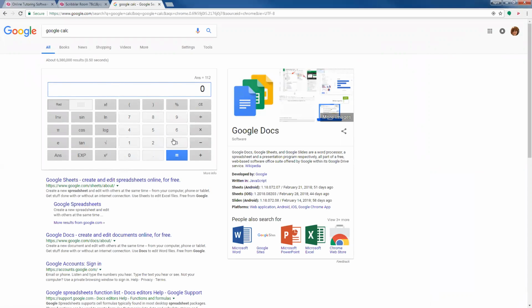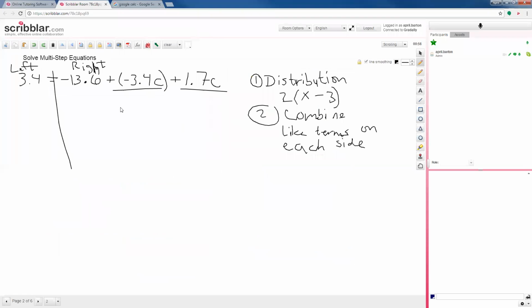The Google calculator only has the subtraction symbol. If you have maybe a handheld calculator or you've downloaded an app, some calculators have a subtraction symbol and a separate negative symbol. Google Calc, we just use the subtraction symbol for everything. So negative 3.4 plus 1.7 is negative 1.7.